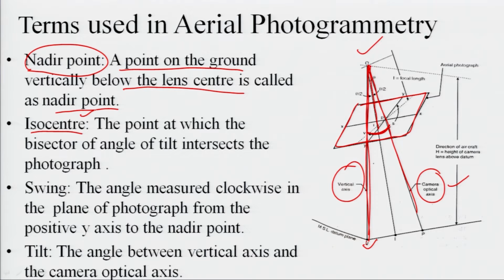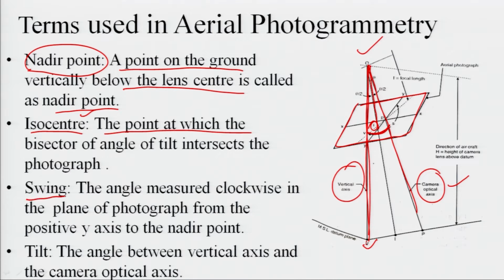Here we can say that this is the isocenter. Again, it is the point at which the bisector of the angle of tilt intersects the photograph.